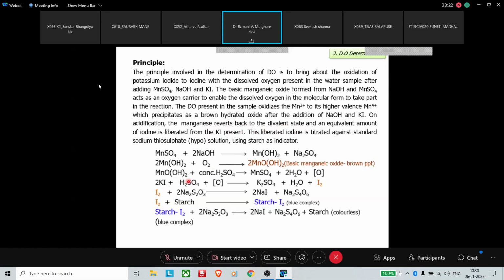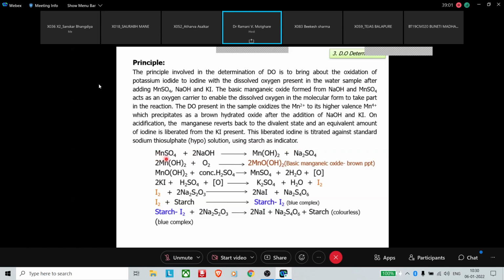Here, when you are having basic manganic oxide brown precipitate, this Mn4 plus, on adding concentrated H2SO4, reverts back to Mn2 plus and nascent oxygen is released. An equivalent amount of iodine is liberated from the KI present. KI is present in excess. This liberated iodine is titrated against sodium thiosulfate, that is hypo solution, using starch as indicator.